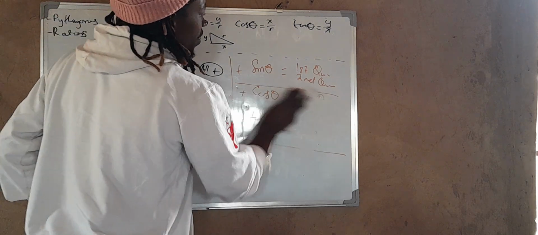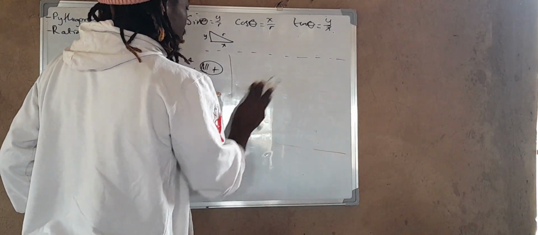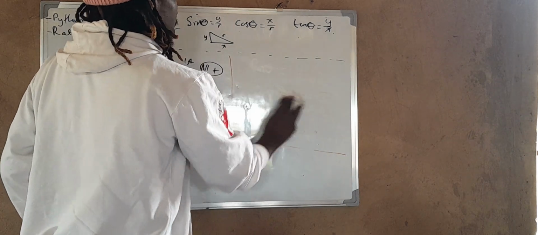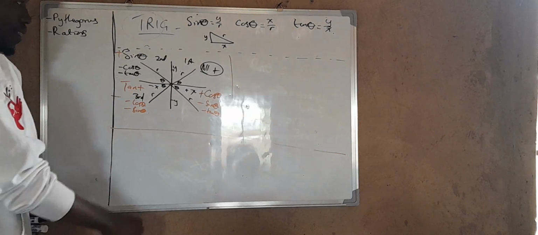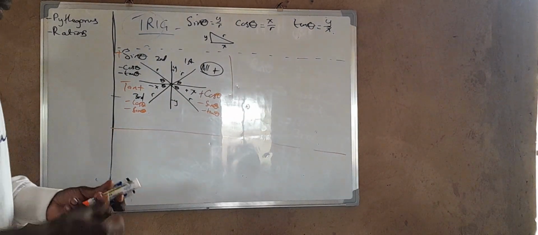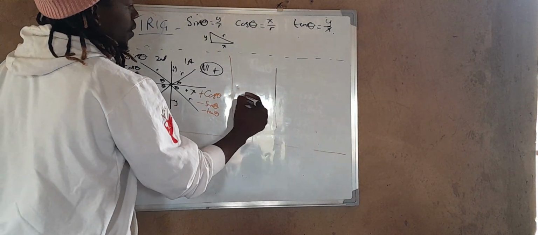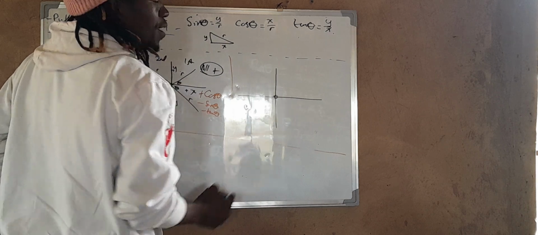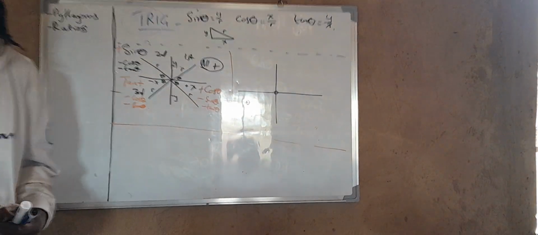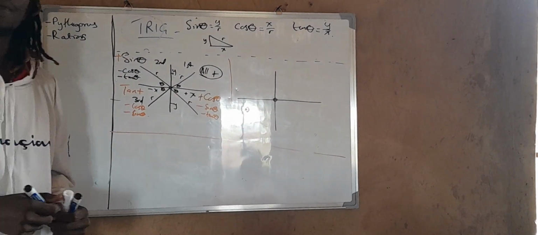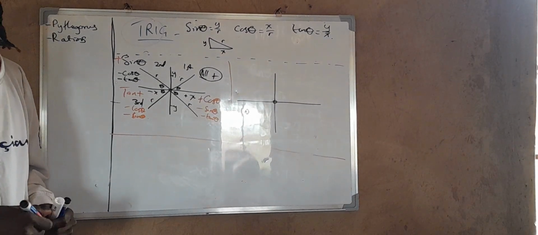And again, still on the Cartesian plane, right? Let me just talk about this. If we are trying to find our angles, we count our angles anti-clockwise.